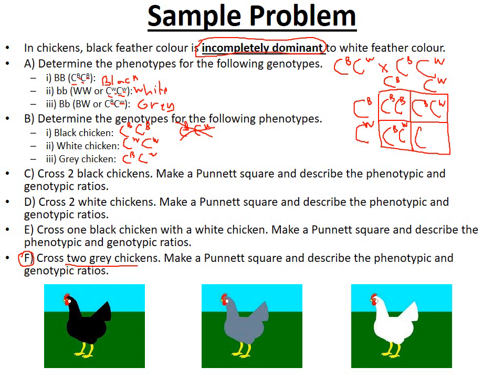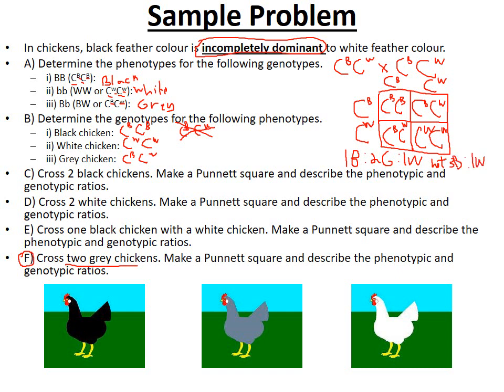then CW CW. And so instead of having that 3-to-1 ratio that you would normally see in complete dominance, we have 1 black, 2 grays, 1 white. So we have a 1-2-1 phenotypic ratio, not 3 blacks to 1 white.